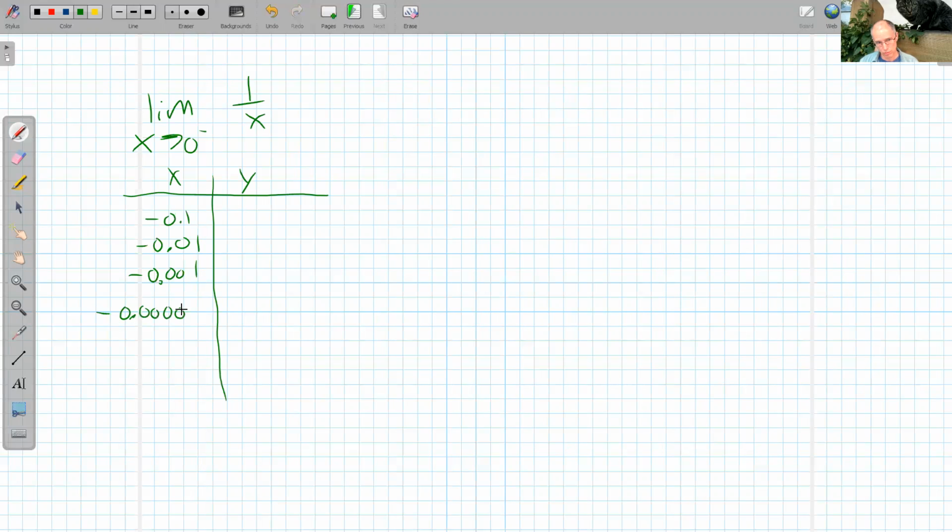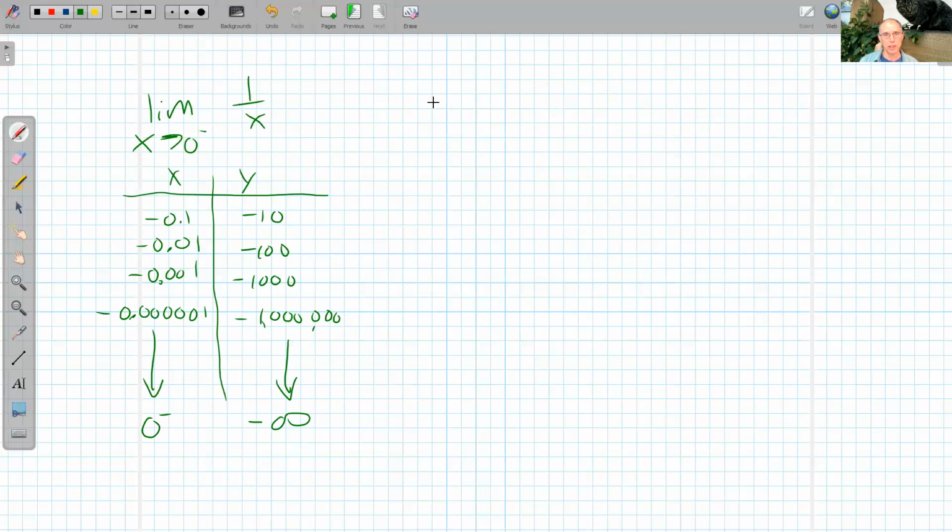And the y value in this case will be -10, -100, -1,000, -1 million. And so in this case, as x approaches 0 on the negative left side, the y values are decreasing forever.